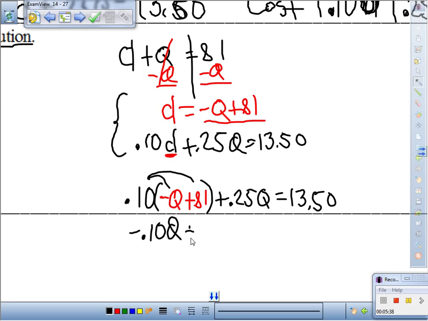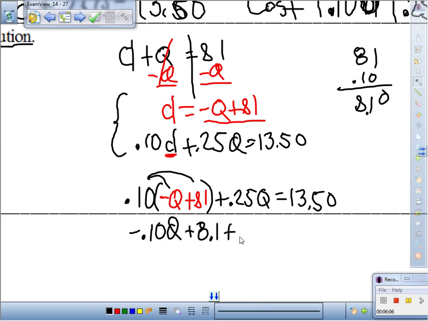It's a positive. 8.1. Is that correct? Are you guys sure before I continue? 81 times 0.10. 0, 1, 8. 2 decimal places. Yes, 8.1.